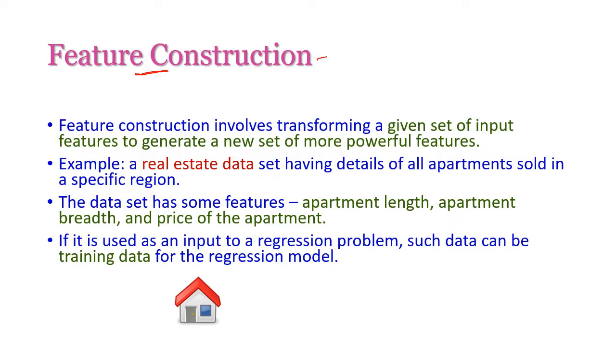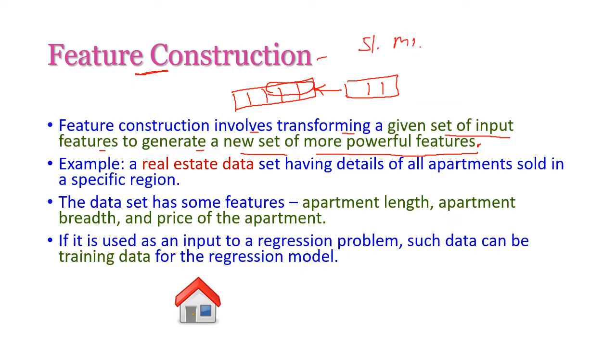Feature construction involves transforming the given set of input features to generate a new set of more powerful features. That is, we already have a set of features, and from these we are going to generate new and more powerful features. For example, in a student database, we have serial number, mark 1, mark 2, mark 3.